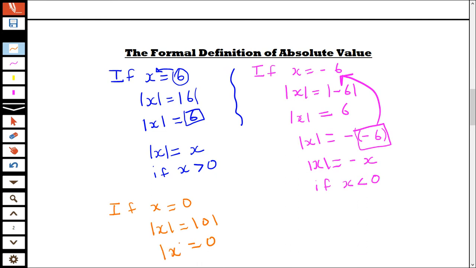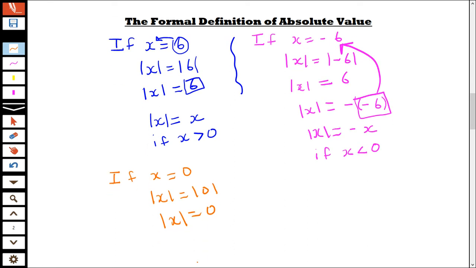So now, what do I know about the 0? Well, that's what x was to begin with, wasn't it? So I could write down, therefore, absolute value of x is equal to x if x equals 0. Because don't forget, that's what x was to start with.